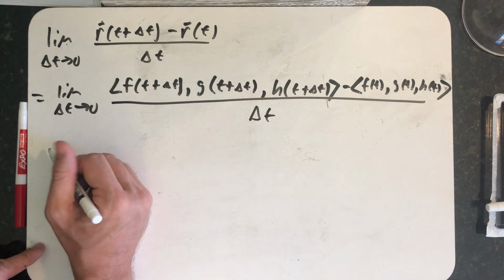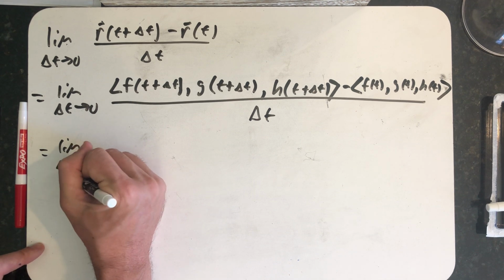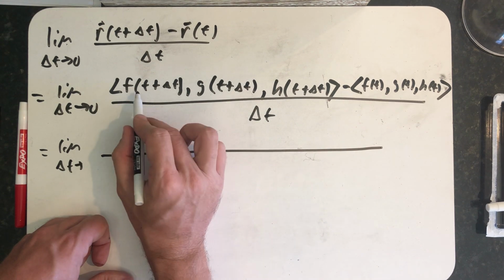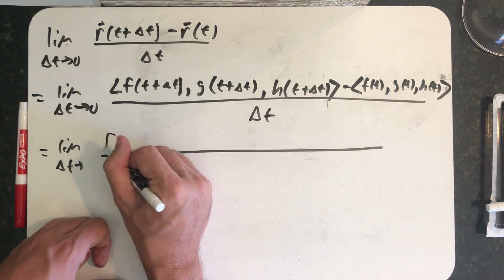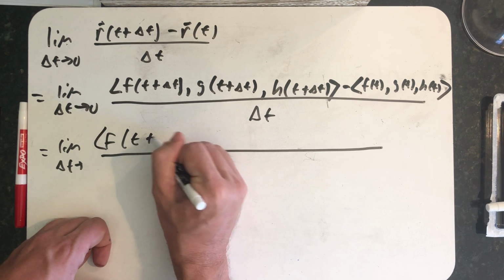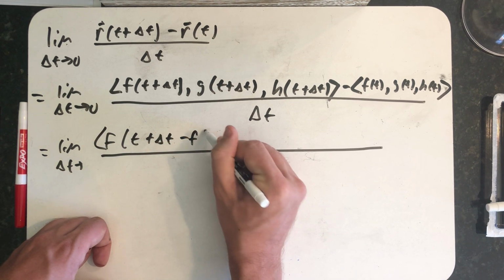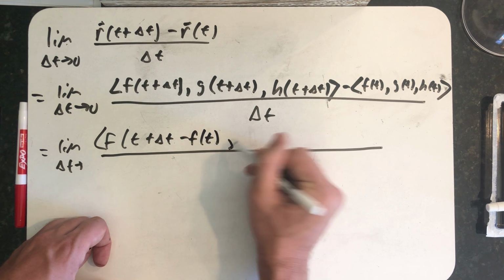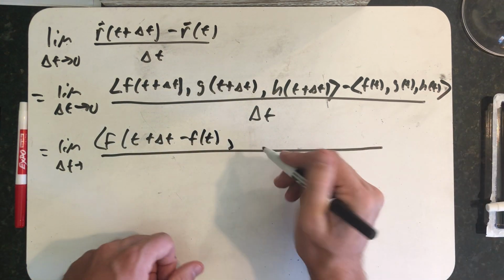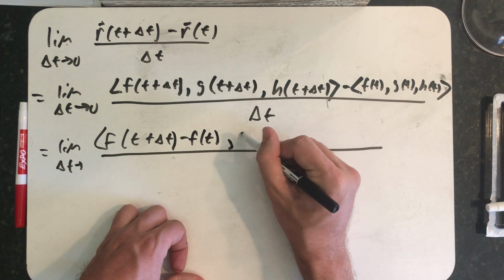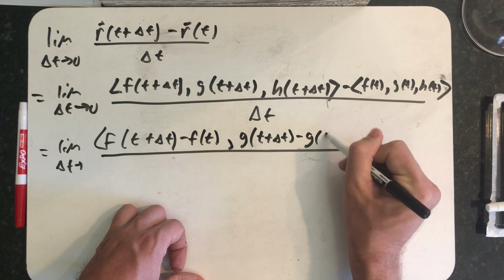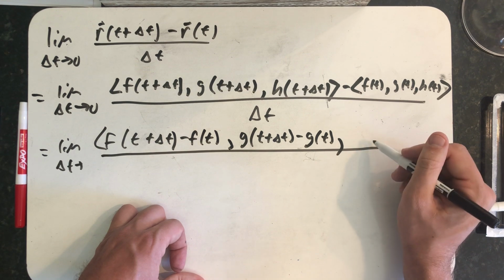Okay, well now inside of this limit, I could imagine just doing the vector subtraction. f of t plus delta t minus f of t is the i component of that difference vector. And then g of t plus delta t minus g of t, there's my j component of that difference vector.